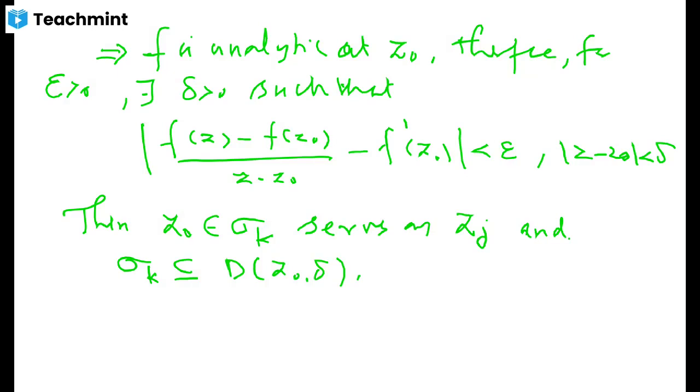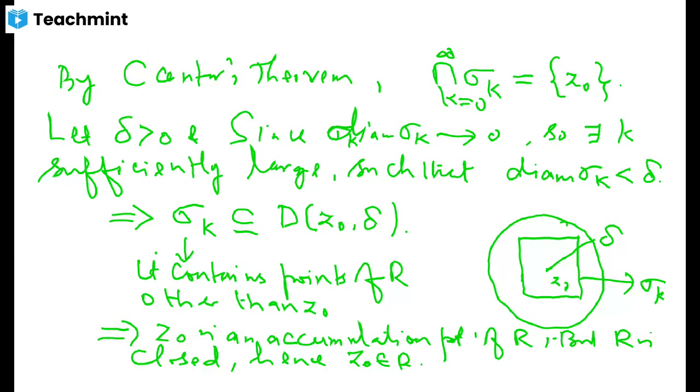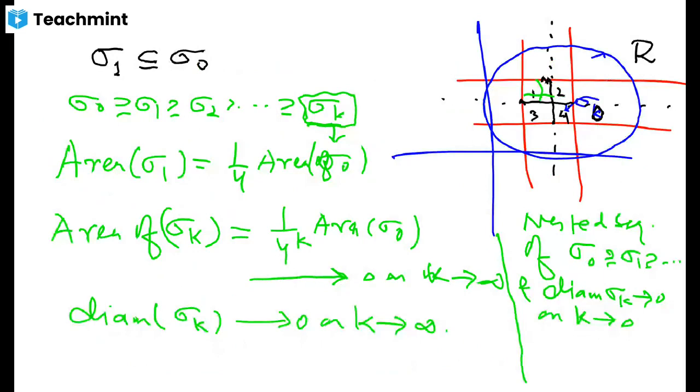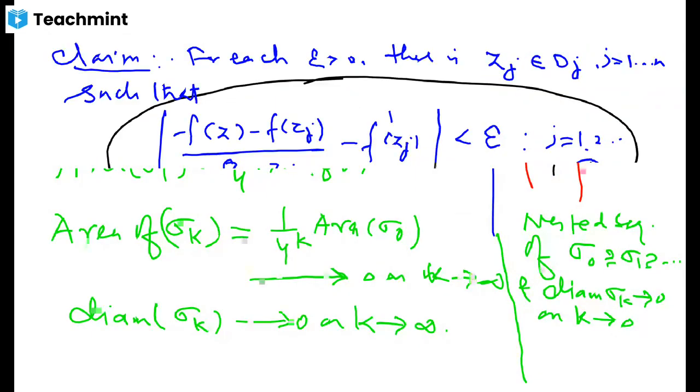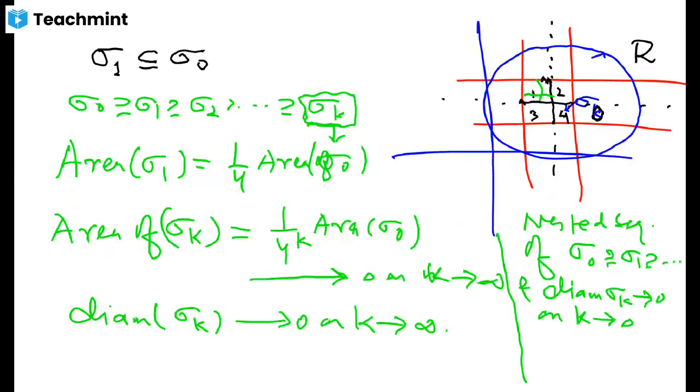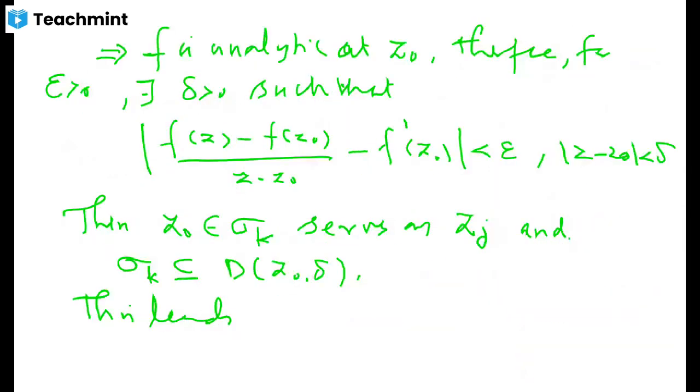But this leads us to a contradiction. Why does this lead us to a contradiction? Because we assumed we reached the point z naught with our assumption that this process of subdivision of these squares never ends, it continues further. That means it never stops. That means for each sub square, you do not have that inequality 1 satisfied on that subregion. But now what we found at the end is that this sub square sigma k has this inequality being satisfied.